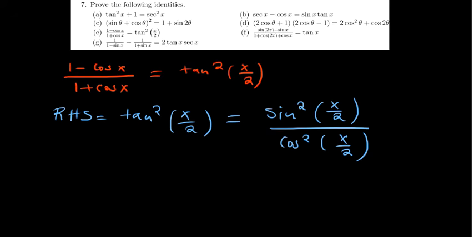Now where are we heading? We want to actually get to a point where we only have cosine. So what should we do about the first part?